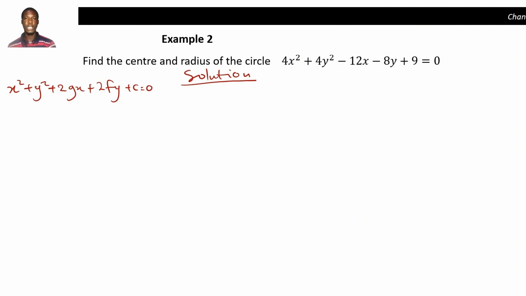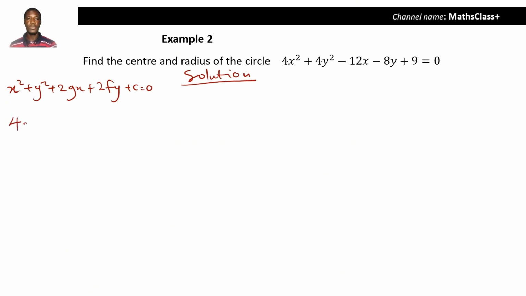Now looking at the equation of the circle given, we must make some adjustments before we can compare with the general formula, because looking at the general formula, the coefficient of x squared will be 1, but looking at our specific equation, the coefficient of x squared is 4, and so we need to simplify that to look exactly like the general formula before we can do the comparison.